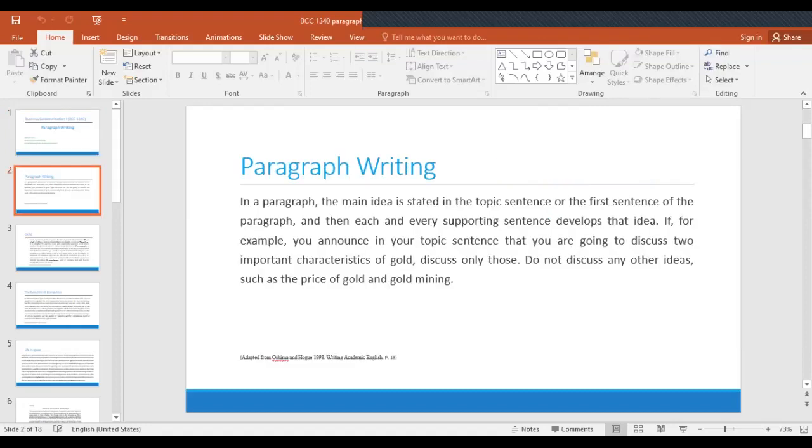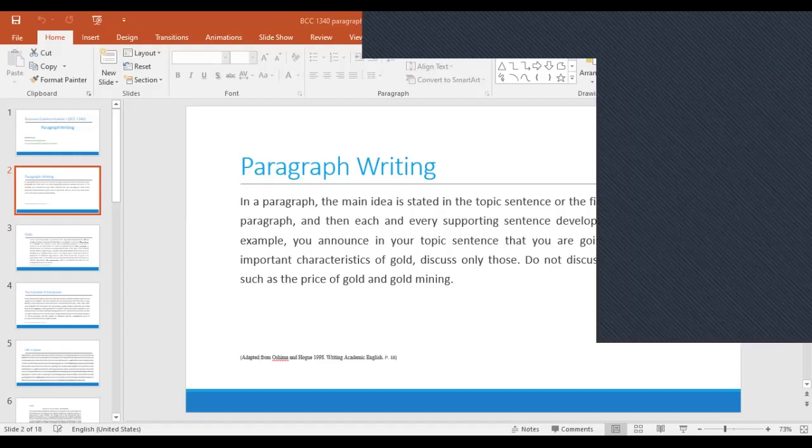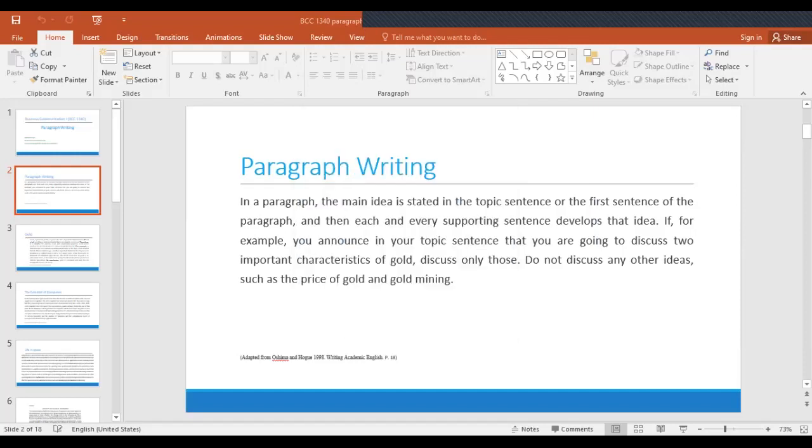In a paragraph, the main idea is stated in the topic sentence, or the first sentence of the paragraph, right? As I told you before, at the very moment I see my topic sentence, I know what's going to come in the rest of the paragraph, because it's a very clear statement.